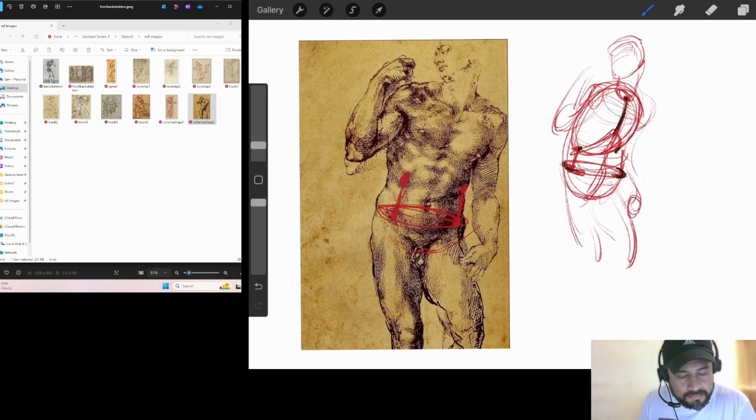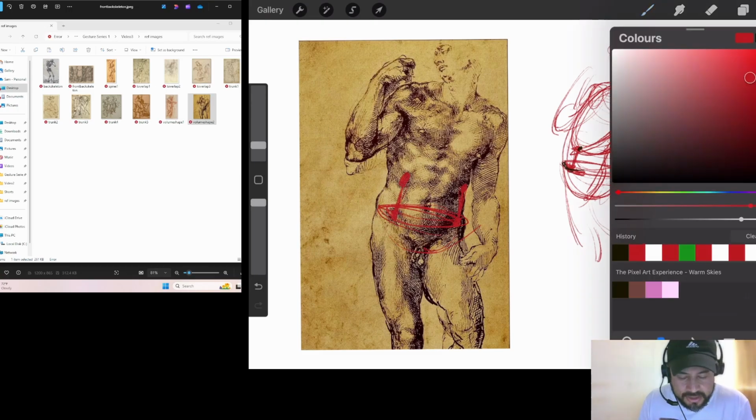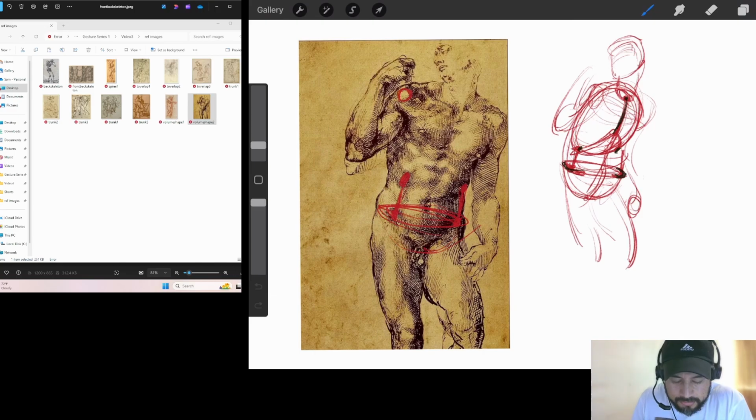Okay, if we push on, we find the big bulge there of the humerus. So I'll represent that on my figure there. And we've got these, see the indent here? That's around where the clavicle will end. So I'll put that in here.